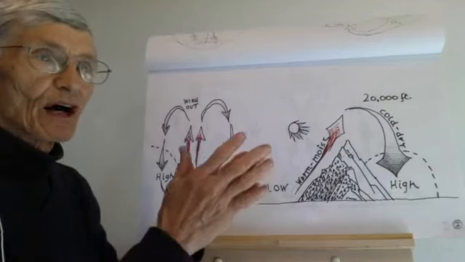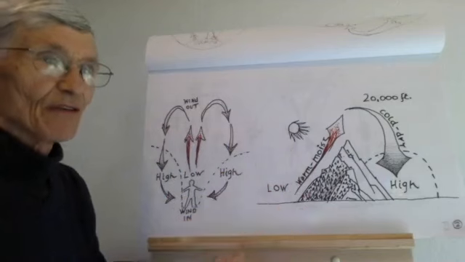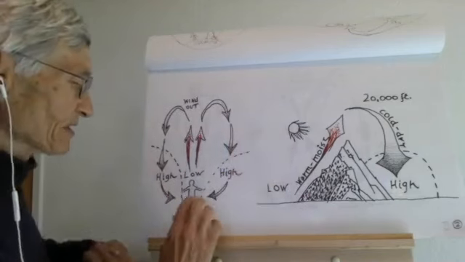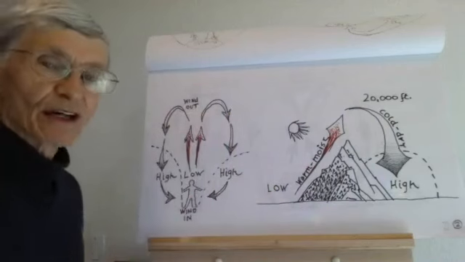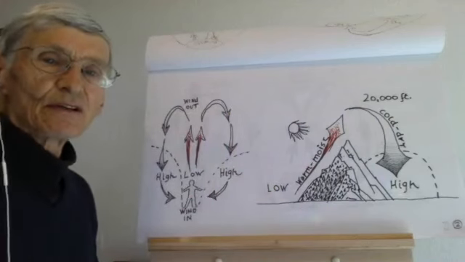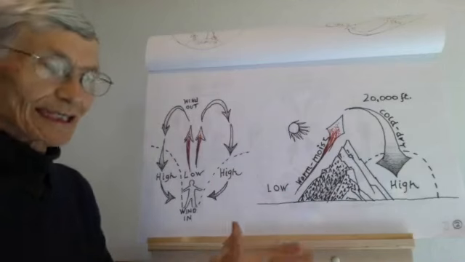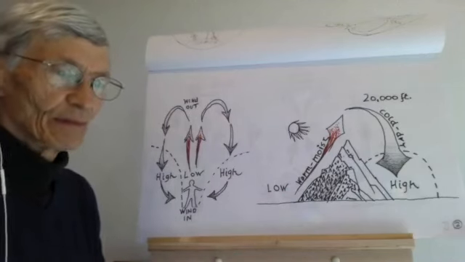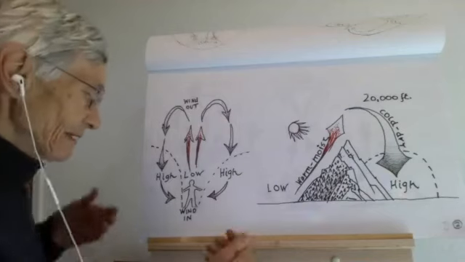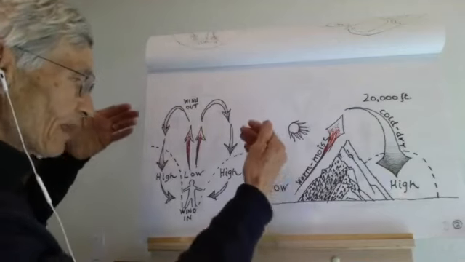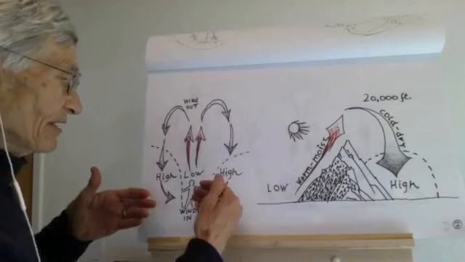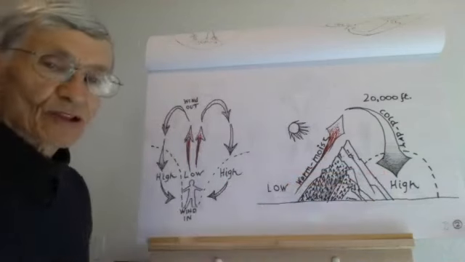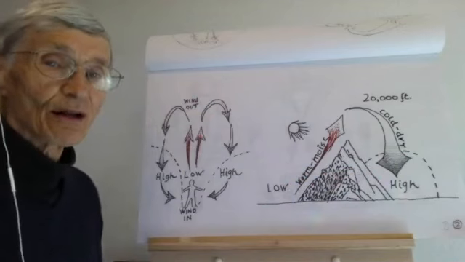So the warm air rises and then falls and comes back down and replaces the warm air that's rising. The cold air falls down around the warm air in a column and blows in. So the wind that's coming down blows in, and the wind that's going up blows out. That's called a convection cell.